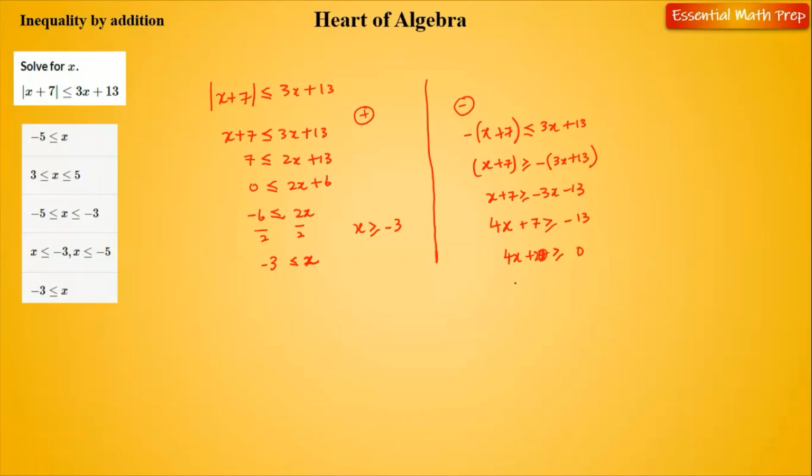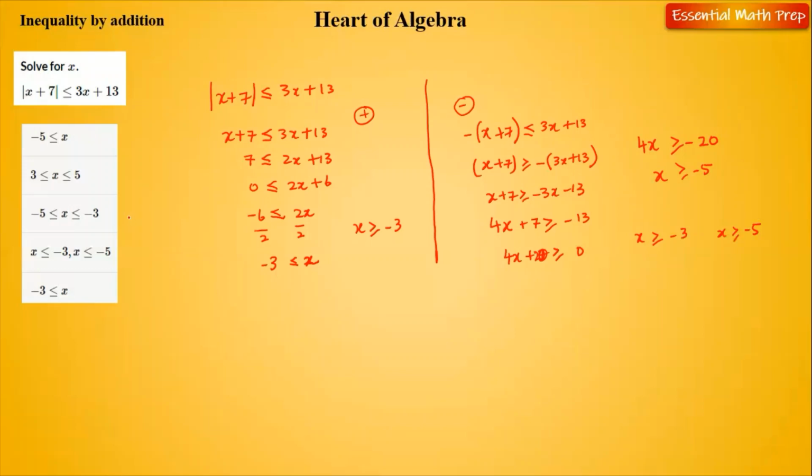Now we could add negative 20 on both sides, which means 4x is greater than or equal to negative 20, right? And if you divide by 4 on both sides, that'll be x greater than or equal to negative 5. So x can be greater than or equal to negative 3. x can be greater than or equal to negative 5.